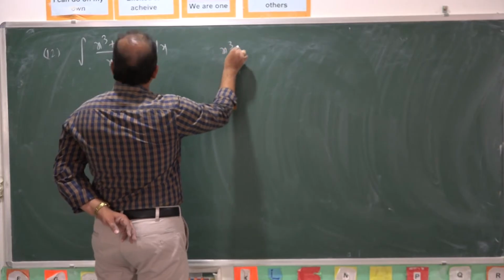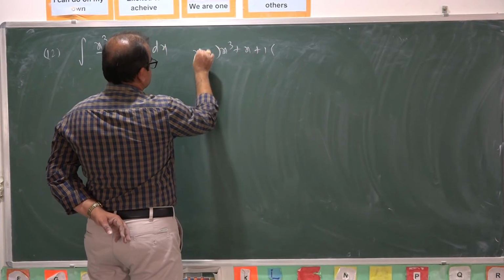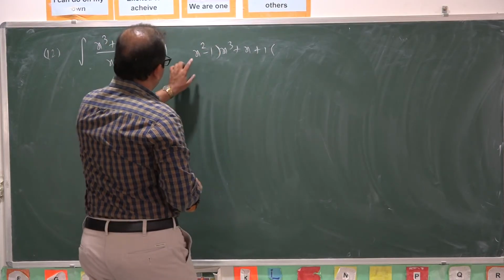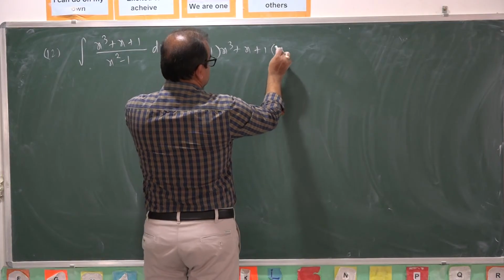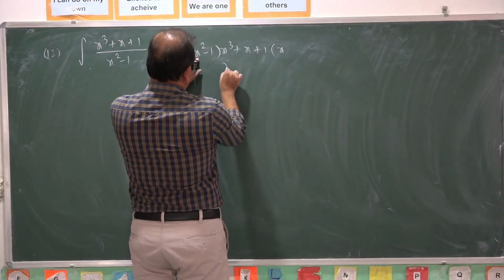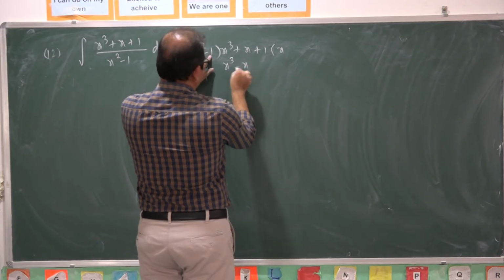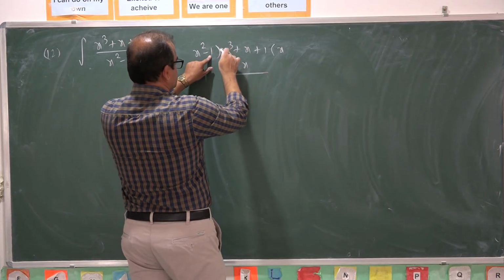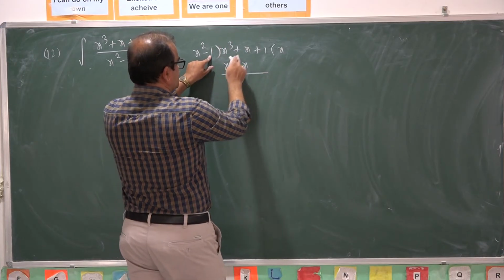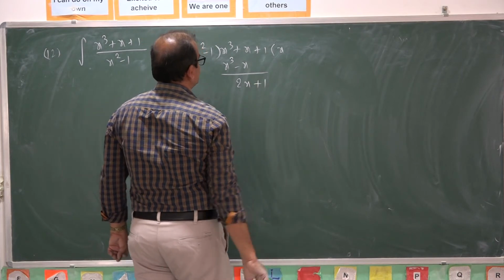x cube plus x plus 1 divide with x square minus 1. x square, how many times does it cancel? x times: x into x square, x cube, minus x into 1, minus x. On subtracting, first term cancels, x plus x, 2x plus 1.